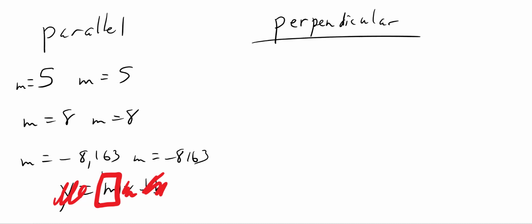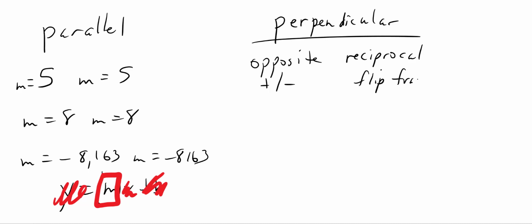Perpendicular, remember, is opposite reciprocal. Opposite means change the sign, and reciprocal means flip the fraction. Let me give you some examples.